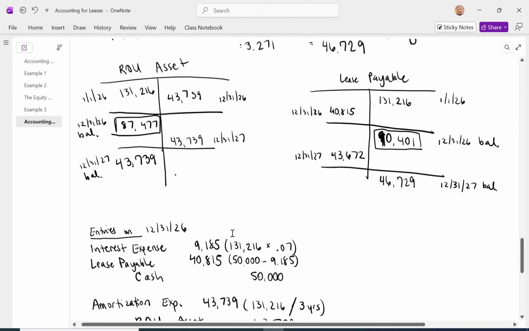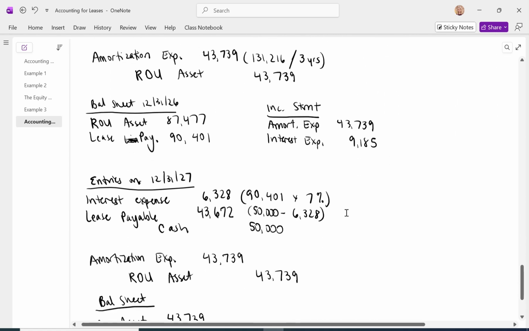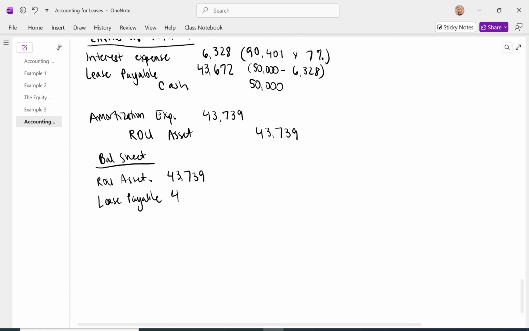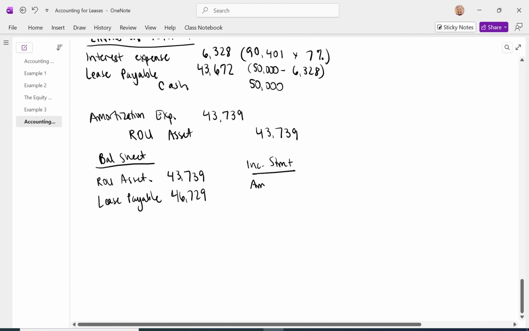We said the balance in the lease payable was 46,729. For the income statement for the year 2027, we're going to have amortization expense, same amount every year, and we're also going to report interest expense, which will change each year. For 2027, the interest expense was 6,328.